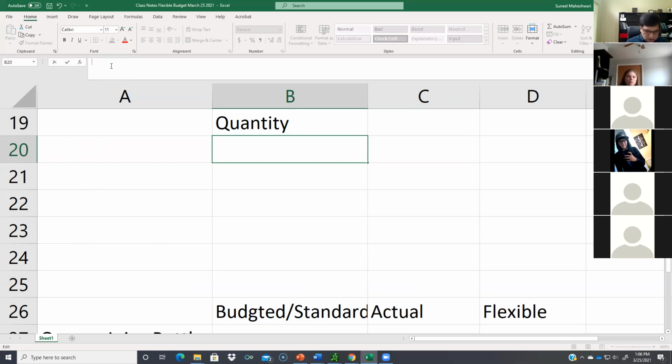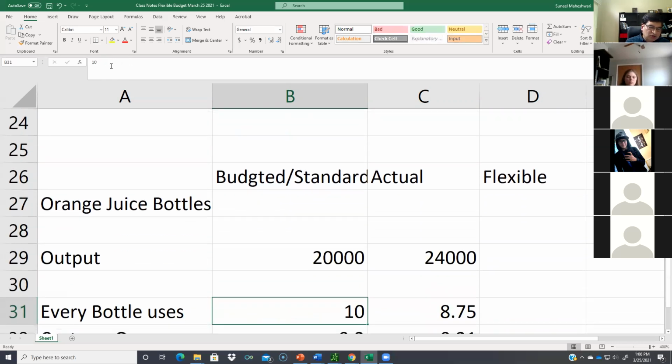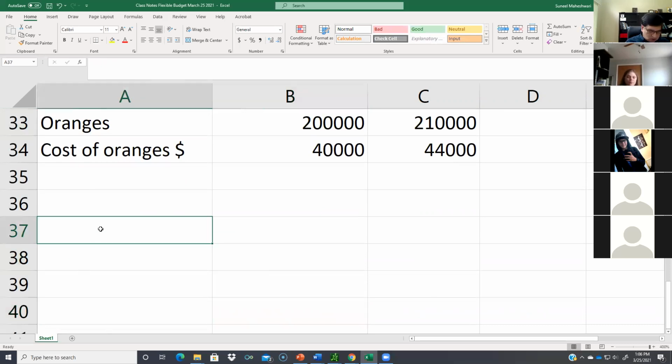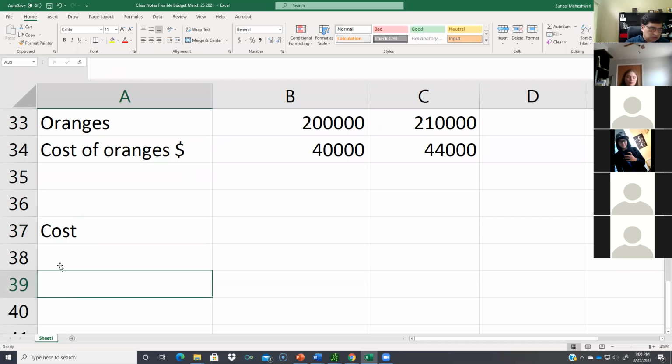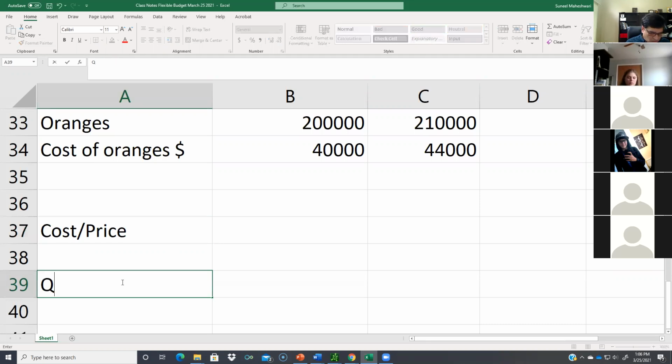Okay, so when I say price, it is price of buying that thing. Okay, or the cost. So we know that the difference is due to two reasons. One, due to the cost or kind of price. I don't want to mess it up. And the other is due to the quantity used, quantity.